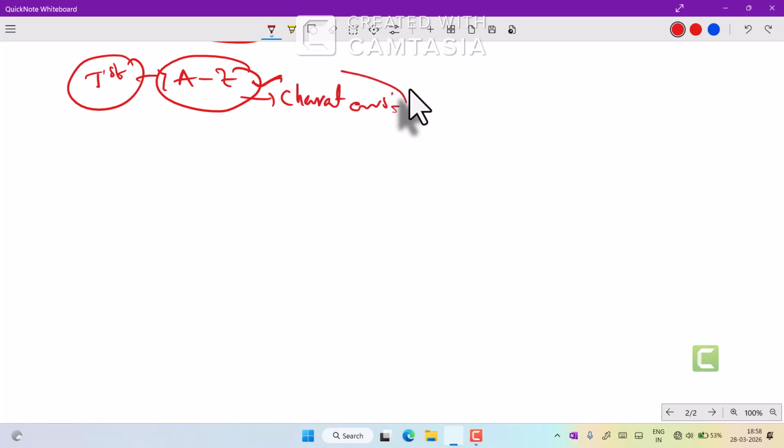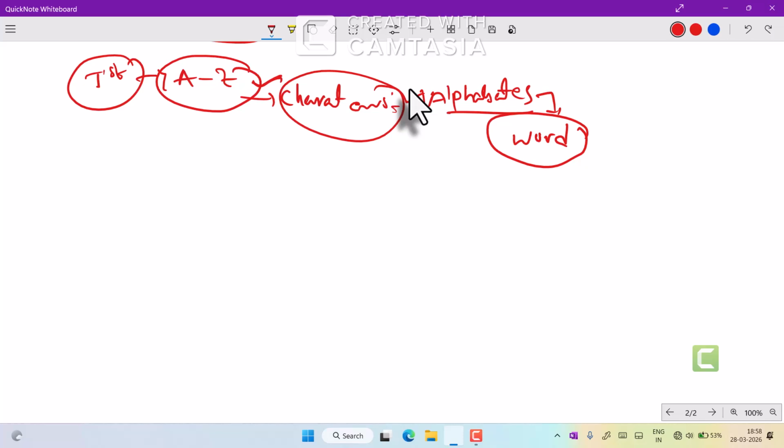A group of alphabets makes a word, and a group of words forms a sentence. And then a group of sentences comprises a paragraph.